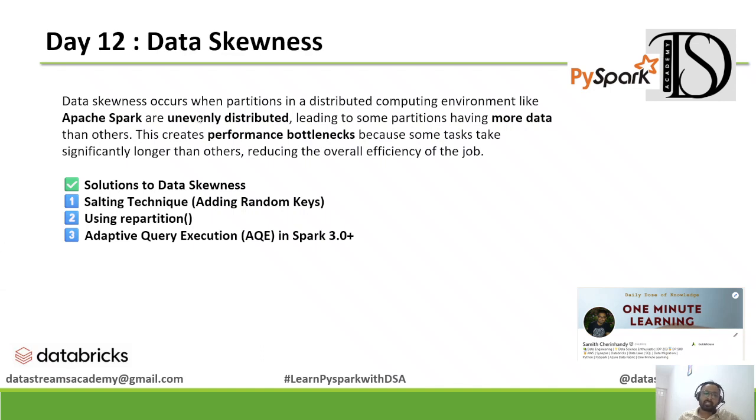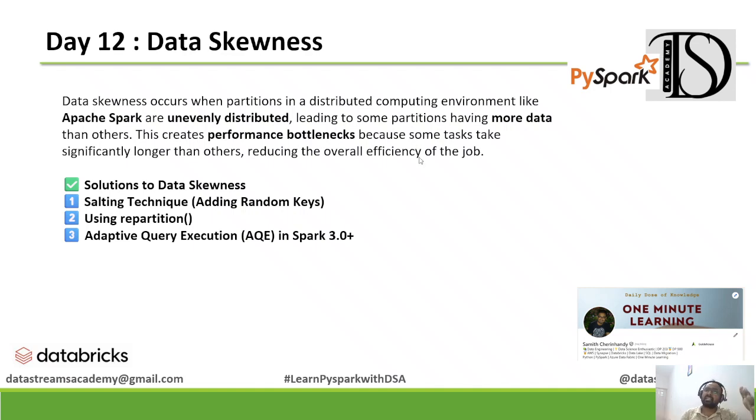Data skewness occurs when partitions in a distributed computing environment like Apache Spark are unevenly distributed, leading to some partitions having more data than others. This category has more data but others don't. This creates a performance bottleneck because some tasks take significantly longer than others, reducing the overall efficiency of the job. Correct? Hope that is clear.